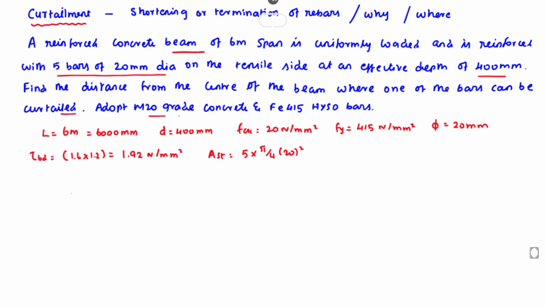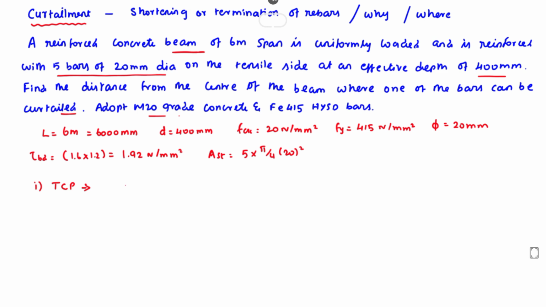Now we can find the theoretical cutoff point from the bending moment consideration. First, the theoretical cutoff point, TCP, in the consideration of bending moment. Here x is the distance of the cutoff point measured from the center of span.